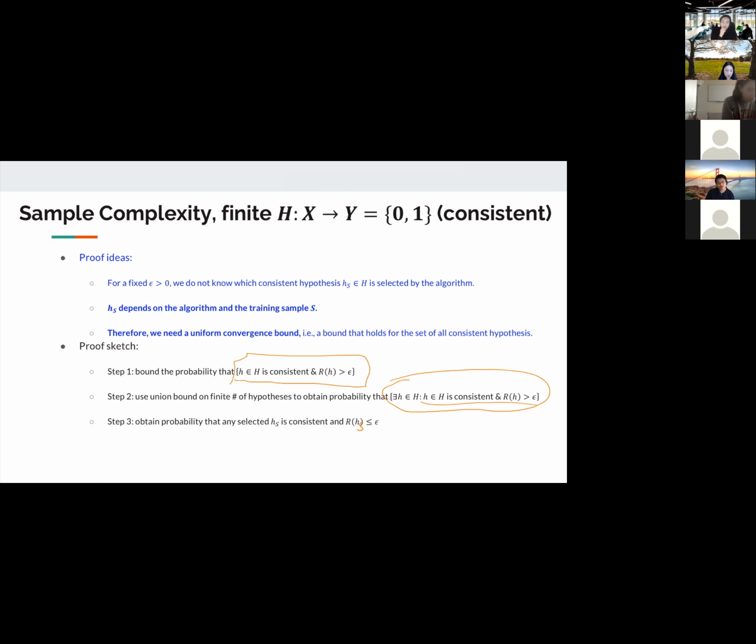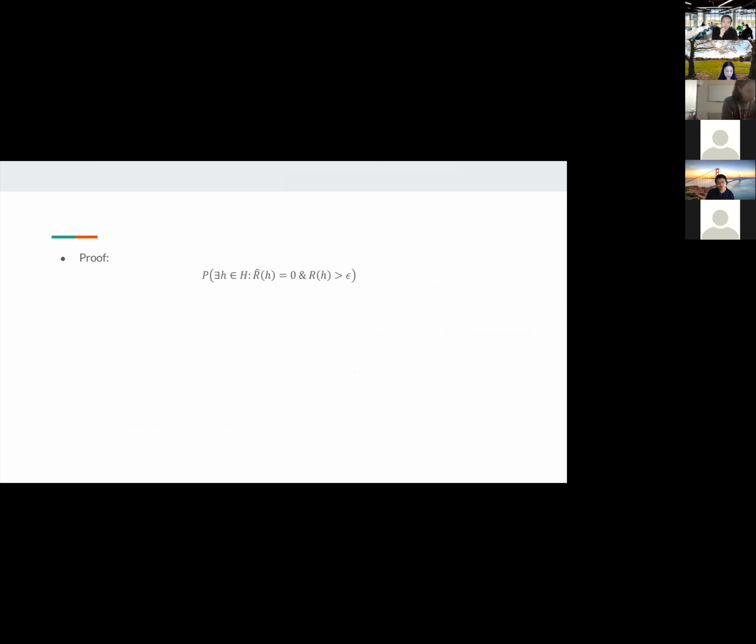So I'm going to very quickly go through the proof, and that's going to be the last thing we wanted to talk about in this lecture. So first, as we promised, we're going to bound the probability that there exists such an H so that it is consistent, but the true error is greater than epsilon. So what is this?